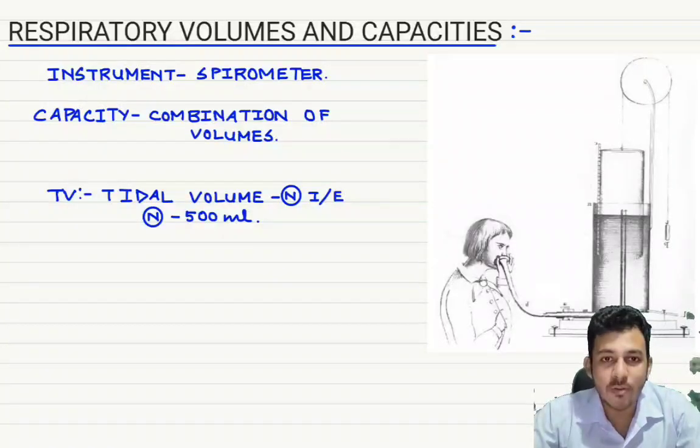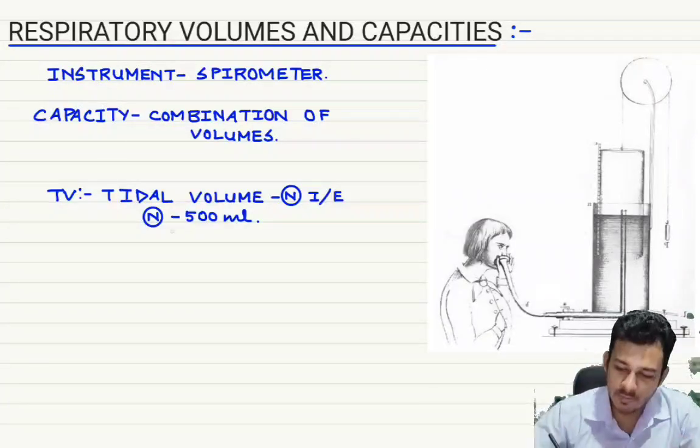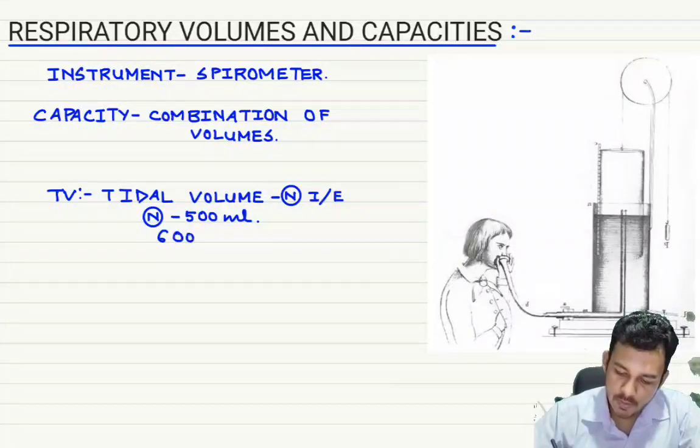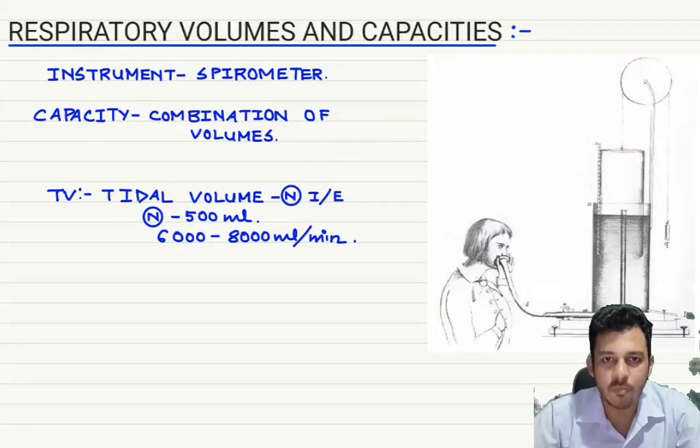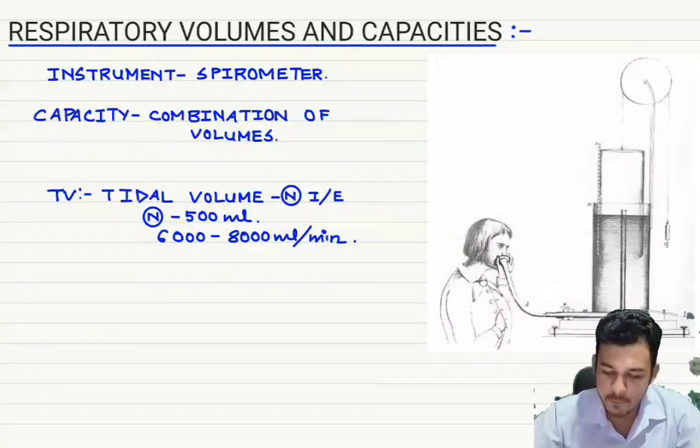So the amount of air that can be inspired or expired by a particular person is 500 multiplied by 12 to 16, which comes out to be approximately 6,000 to 8,000 ml. So 6,000 to 8,000 ml per minute, and 500 ml is the normal volume of air inspired or expired.